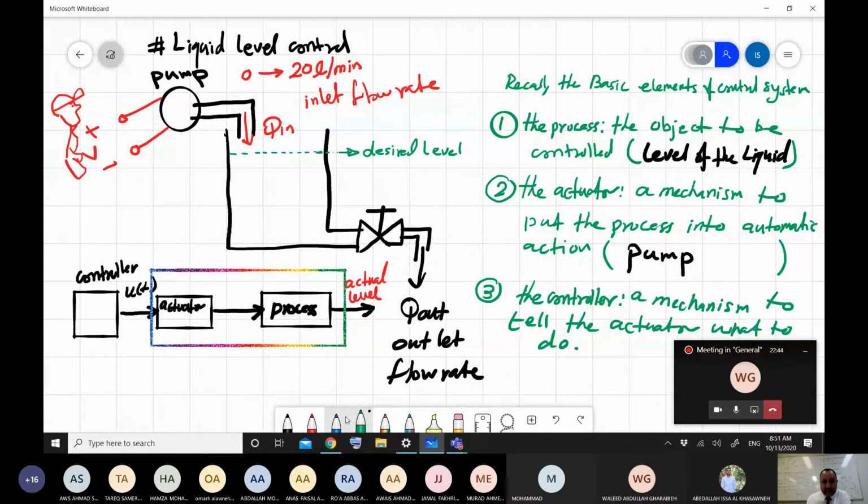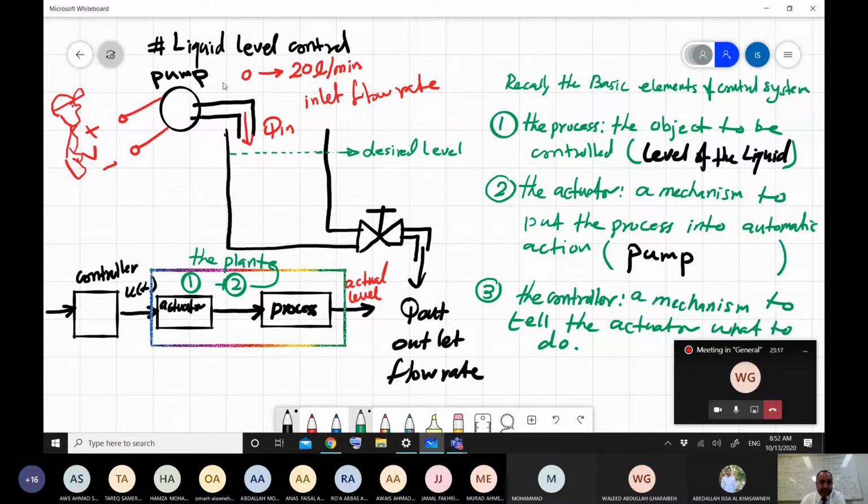We call it the plant. So simply the combination between the process plus the actuator is called the plant. So instead of plotting two blocks, I can write one block, and this block is what is called the plant.